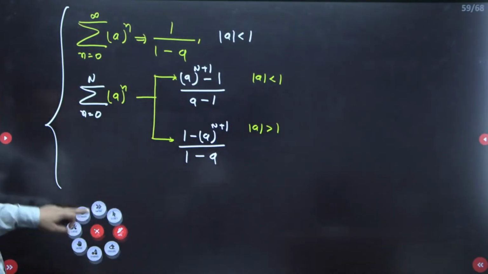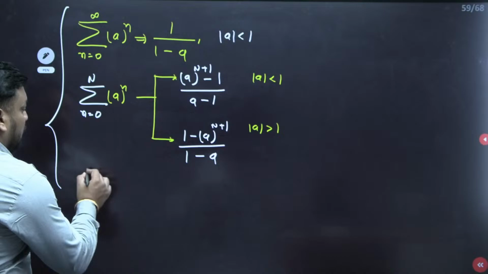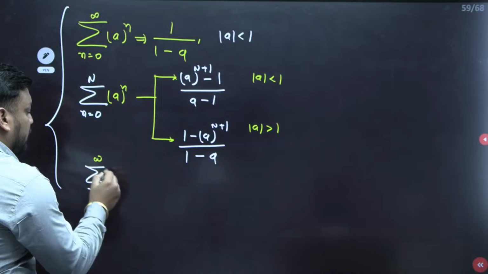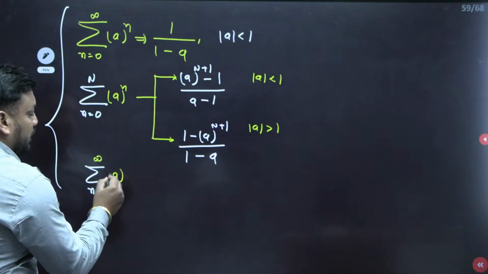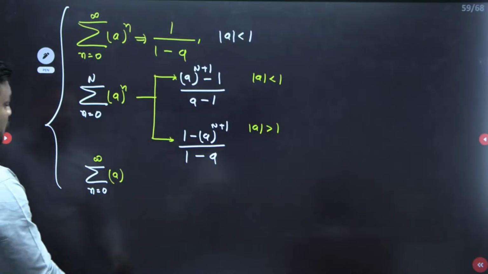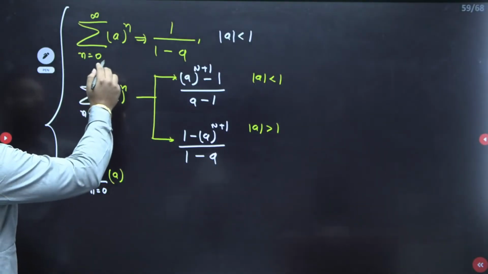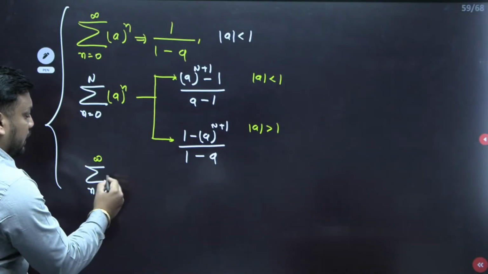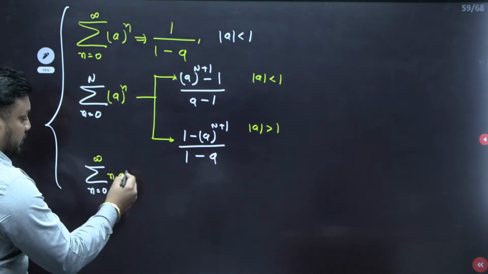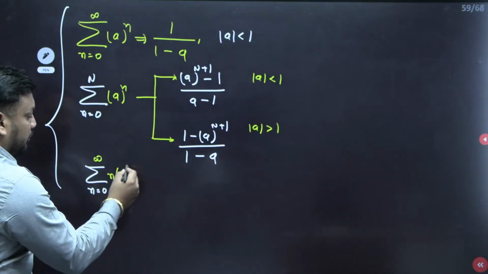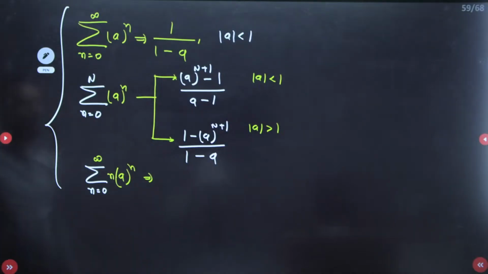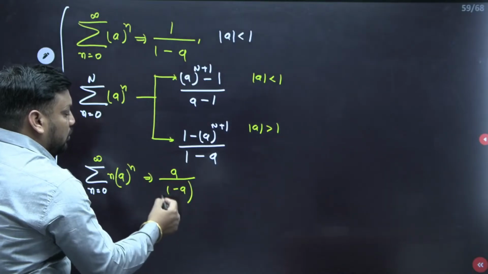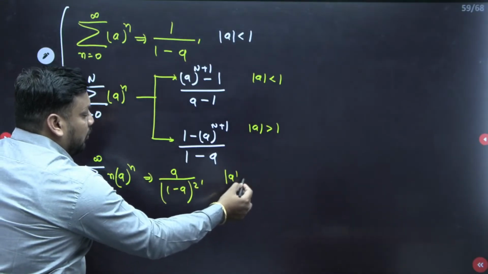So now my next question is, if you know these formulas, you should also know this formula. Sigma n equal to 0 to infinity, if we have n into a to the power n, then you will get a upon 1 minus a whole square, where the condition is mod of a is less than 1.